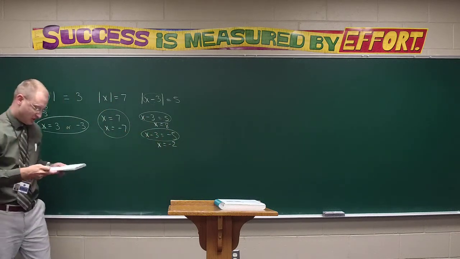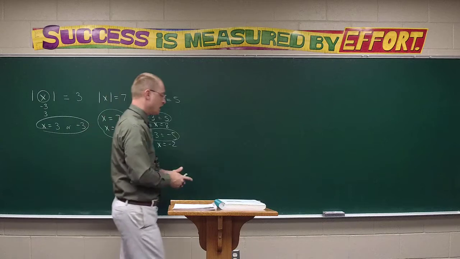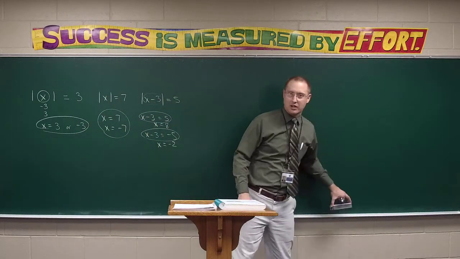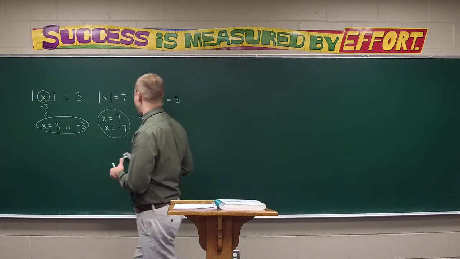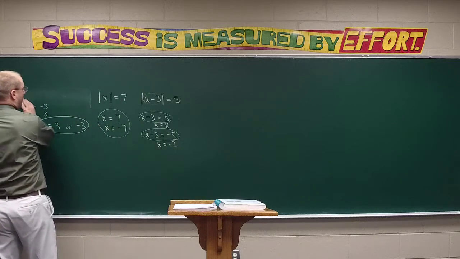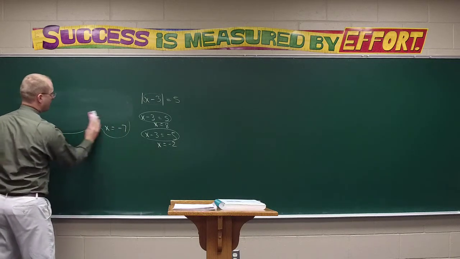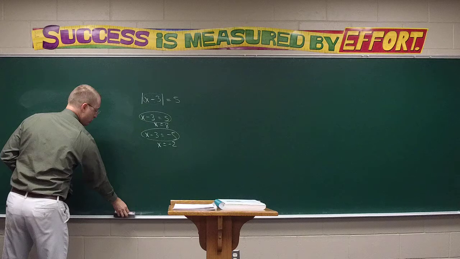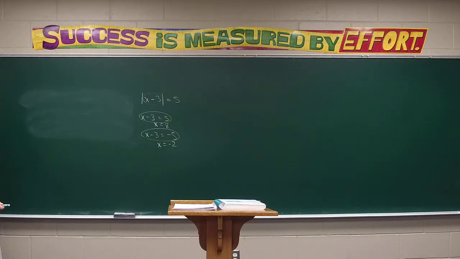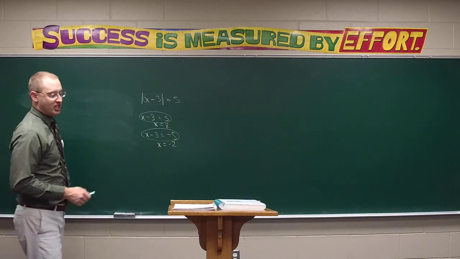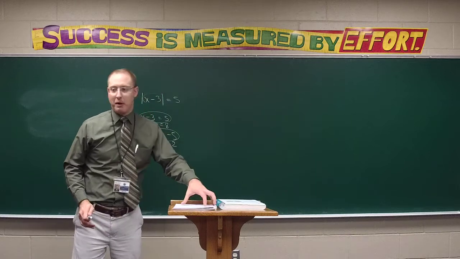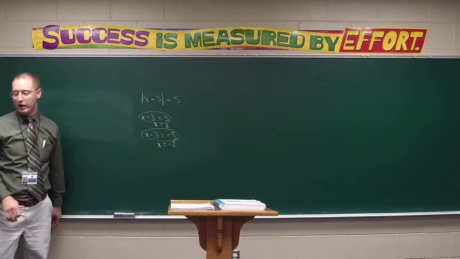So the first step in your notes is to isolate the absolute value. Step number 1 is to isolate the absolute value. Get that absolute value by itself. Step number 2, form 2 equations in which absolute value equals both positive and negative whatever.